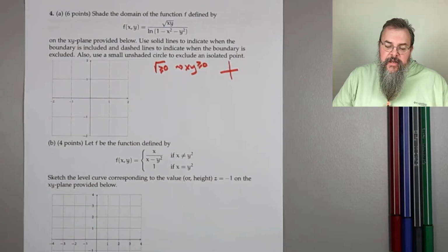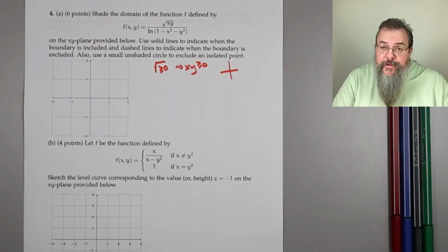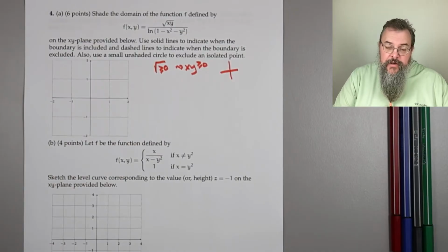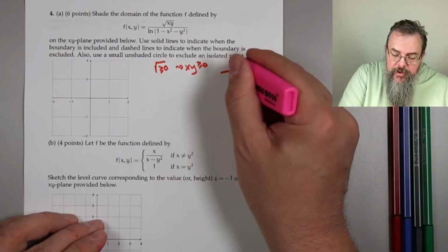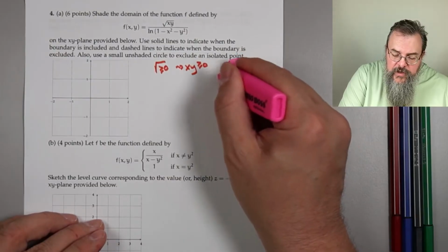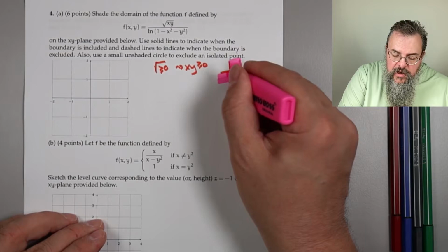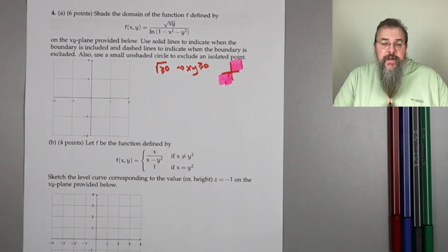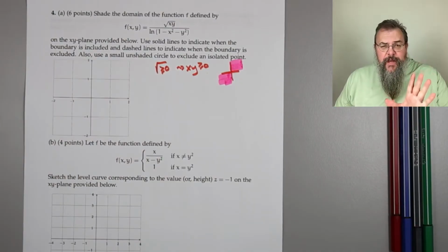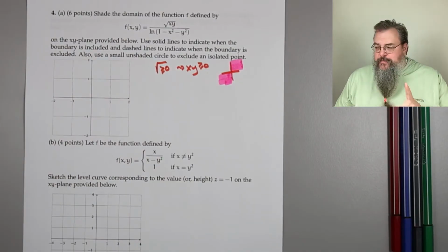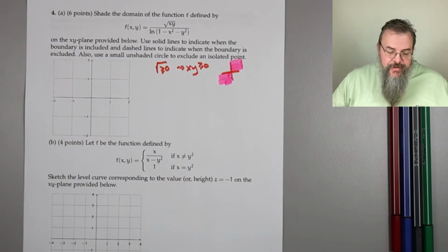Well, that can happen if both x and y are positive. It can happen if both x and y are negative. It can also happen if either one is 0. So that puts us into the first and third quadrants. Okay, so just the square root of xy tells us our domain has to only be there for just that one problem. But there's other problems.